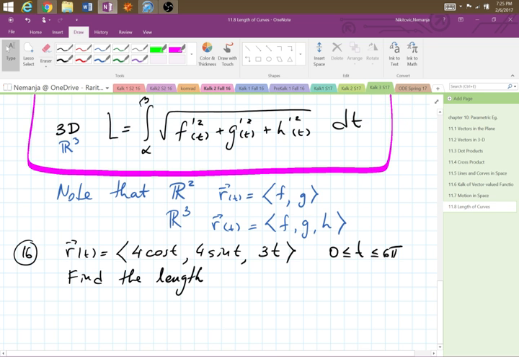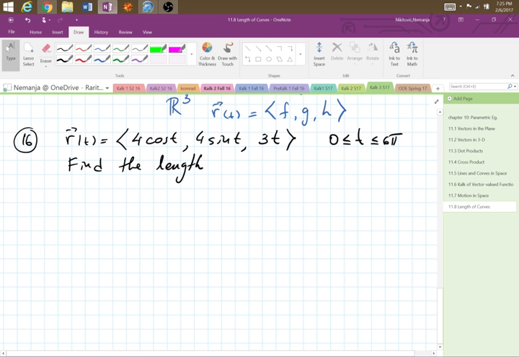Did you guys get 7? No, good, because that will be wrong. Let's see what the answer actually is. The answer is the integral of the square root of the sum of the derivatives squared. So length would be the integral from 0 to 6 pi of the square root of, and now each one of these derivatives squared.